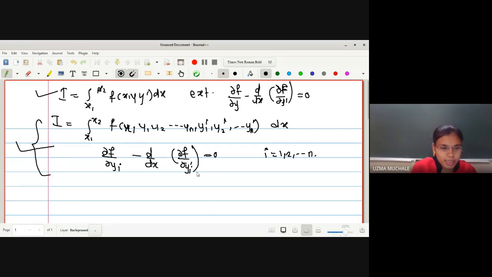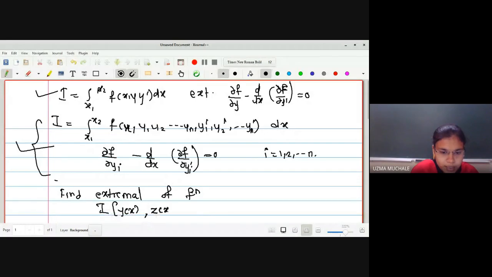Let me go for the examples of this theorem which we have seen in the last lecture. So let me write down: find the extremal of the functional. What is the functional given to us?